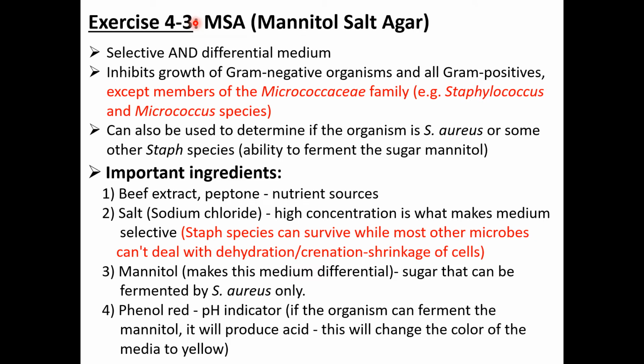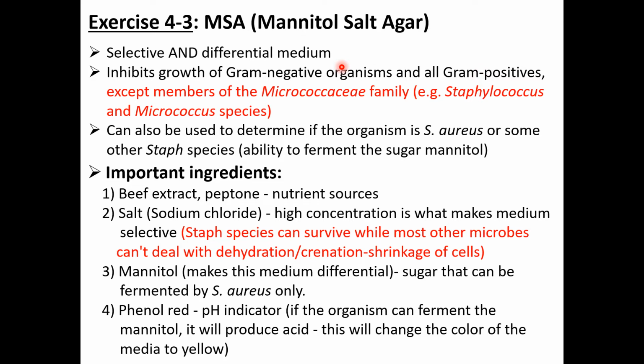Then we do the next medium, which would be the MSA agar plate, or mannitol salt agar. Okay, so it's also selective and differential. And now this medium is going to do something even more selective. It has ingredients in here that will not allow the gram-negatives to grow, and also most of the gram-positives.